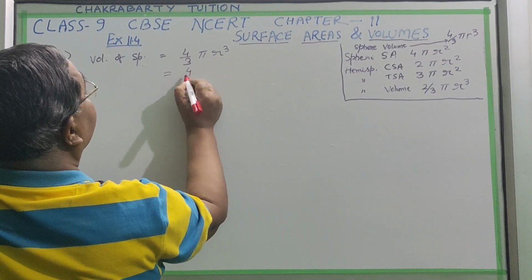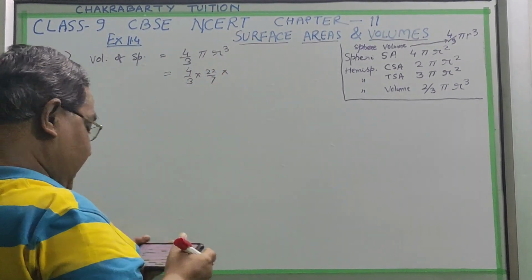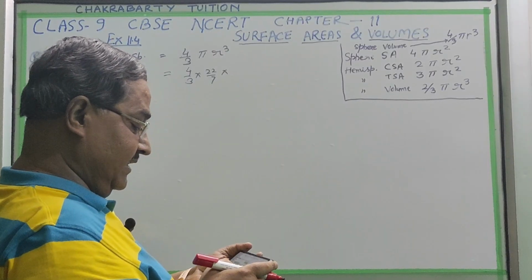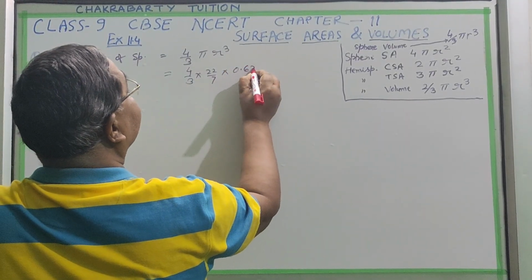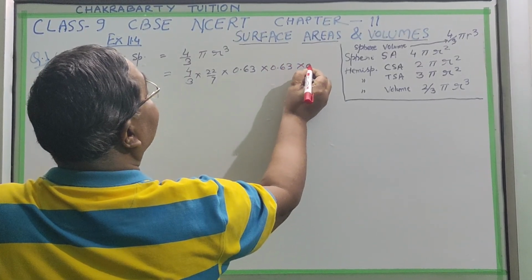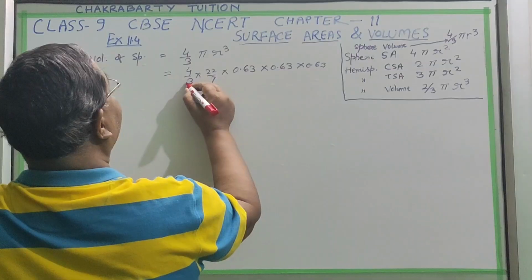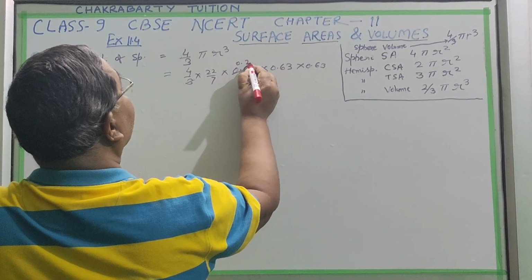So 4 by 3 into 22 by 7 into, in the second part the radius is 0.63, so 0.63 into 0.63 into 0.63. By 3 we can cut it and it will come to 0.21.